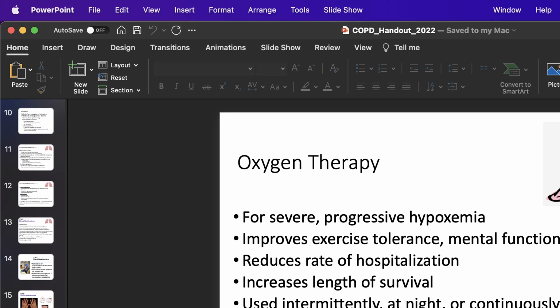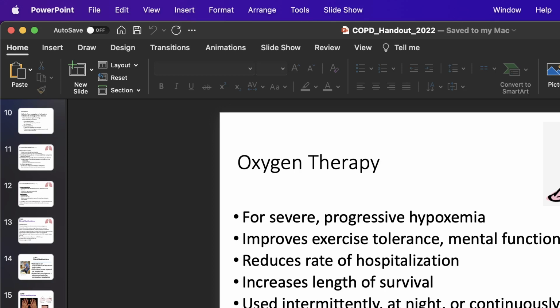However, for COPDers, these guys chronically retain that acid. Remember, they've got hyperinflated lungs, they can't blow out that CO2. They chronically hold on to CO2. So the respiratory center in the brain gets desensitized to that as their stimulus to breathe.